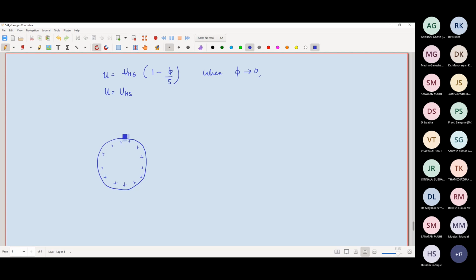And this kind of charging does happen, and the area of colloidal science does deal with why this kind of charging takes place. So this is solely because of surface adsorption or some site substitution.